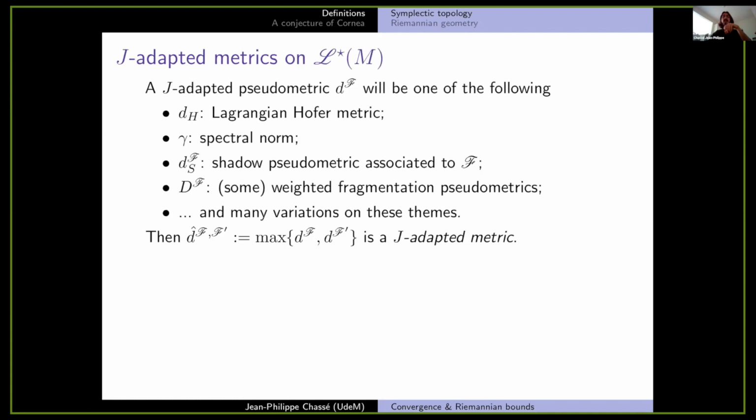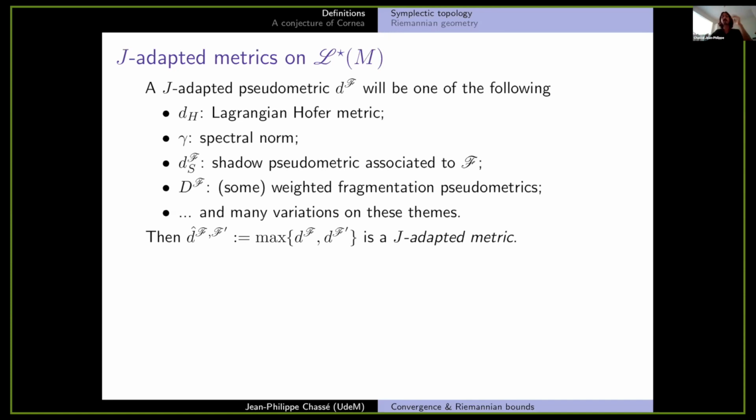So once I have that, I can define what I'm going to call a J-adapted metric. Concretely, a J-adapted pseudometric is going to be one of the metrics I've talked about: either the Lagrangian Hofer metric, the spectral norm, or the shadow pseudometric.